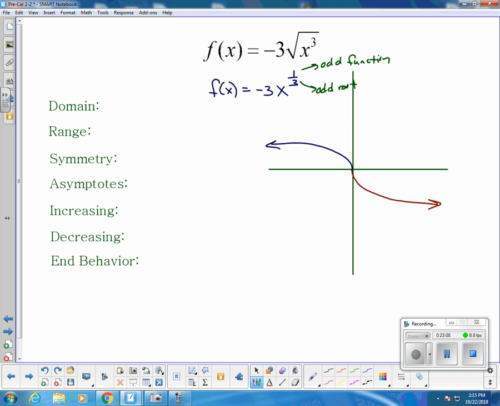Okay, domain. All reals. We have a left and a right side, and there's no asymptotes. The range is also all reals because it's curving left and right, up and down. Symmetry is odd. Asymptotes, nope. Is this guy increasing at all? Nope, it's decreasing. The end behavior.